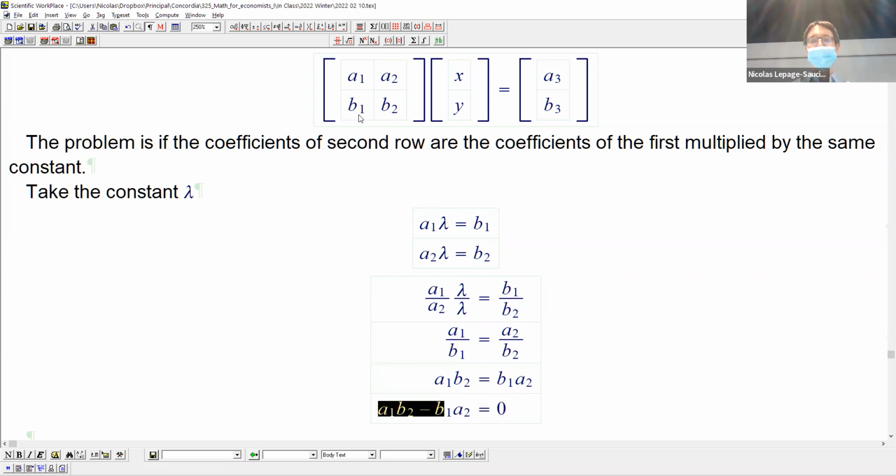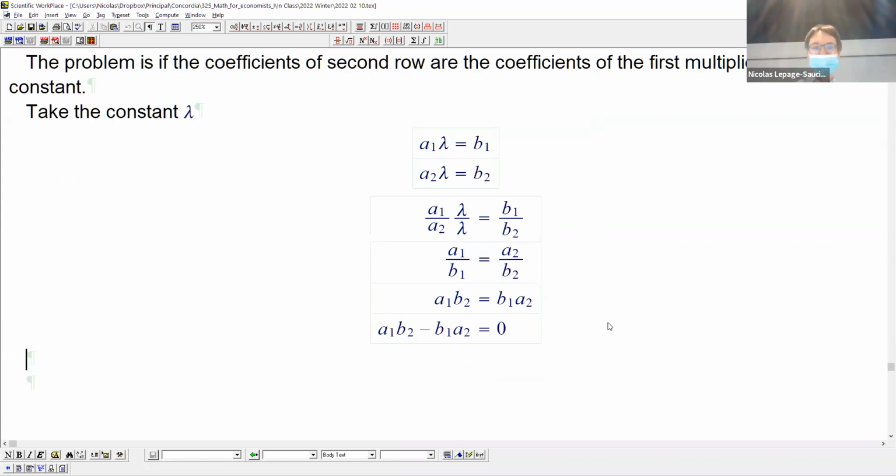And I already said what this was. Do you remember? No, don't remember what this is. A1 B2 minus B1 A2. Right. So anyways, we're going to learn that today. So A1 B2 minus B1 A2 is called the determinant of the matrix.